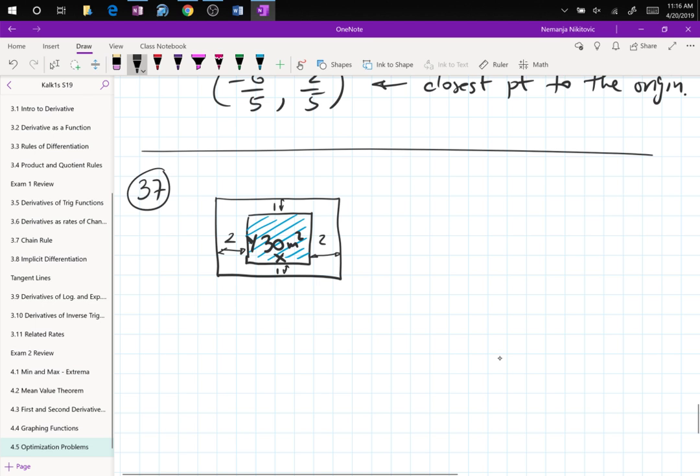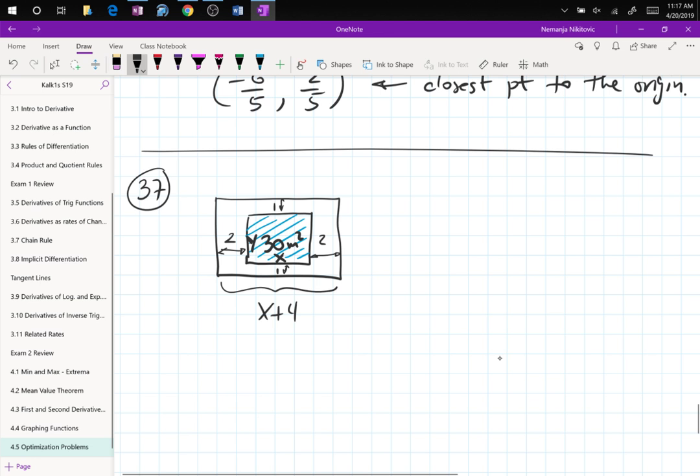So now, if the inner sides of the pool are x and y, what are the outer sides? Let's see who knows to read technical drawings. Yes? X plus 4. X plus 4, excellent. Because the pool in the middle is x, and then you have 2 on each side. So 2 plus x plus 2 is x plus 4.